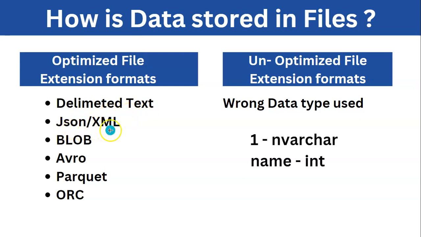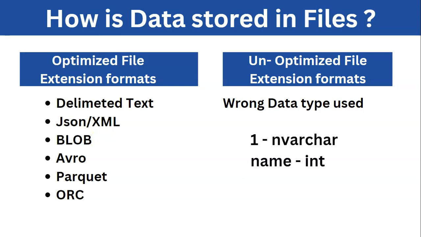JSON and XML are both used to store semi-structured data. We have seen the example of JSON. XML is also a bracket tag markup language. So both of these are considered semi-structured data file extensions. Okay, now coming to blobs.